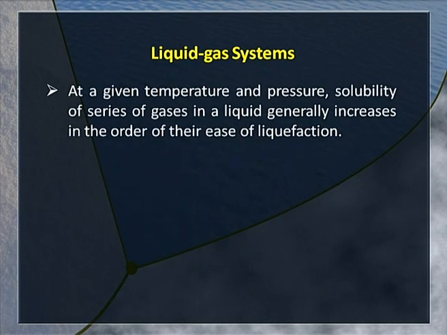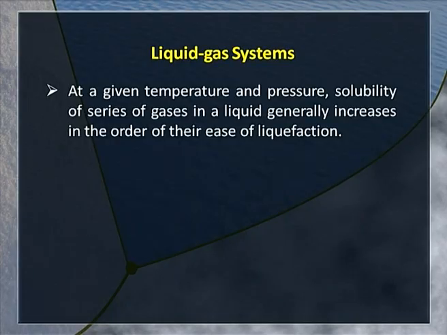At a given temperature and pressure, solubility of a number of gases in a liquid generally increases in the order of their ease of liquefaction. We know, of course, from our earlier experience that a gas can be easily liquefied in which the intermolecular forces are very strong.